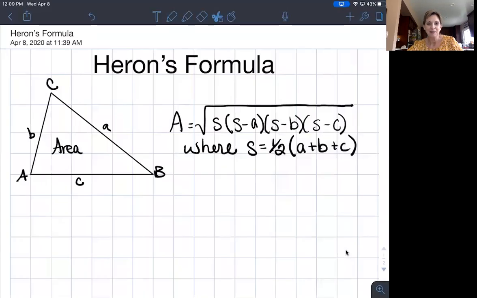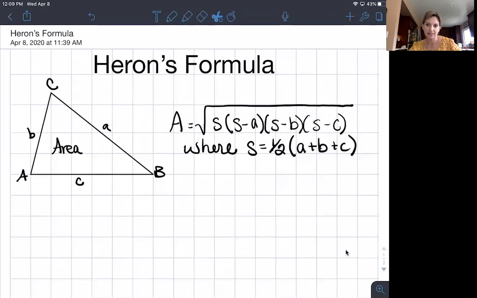Here it is. You have a triangle. It doesn't necessarily have to be a right triangle, just a triangle like we've been working on for the last couple of lessons. And let's say you know all three sides, but you don't know the height or the amplitude. Before now, you would have had to find the height or the amplitude, probably using your trig functions, and then used 1/2 base times height, right?